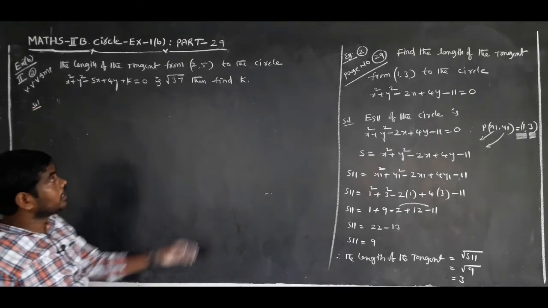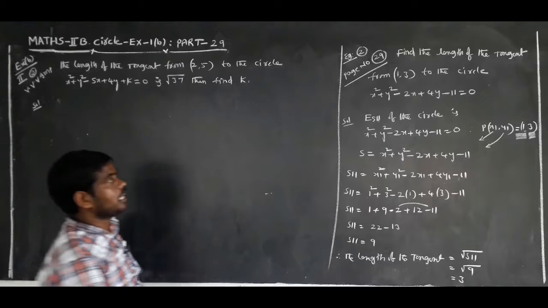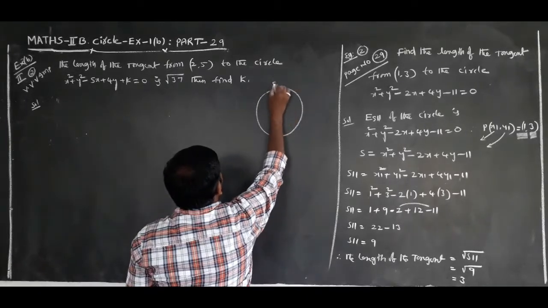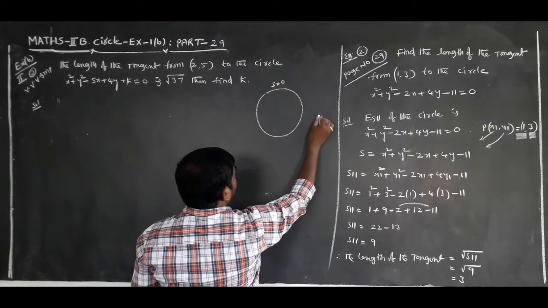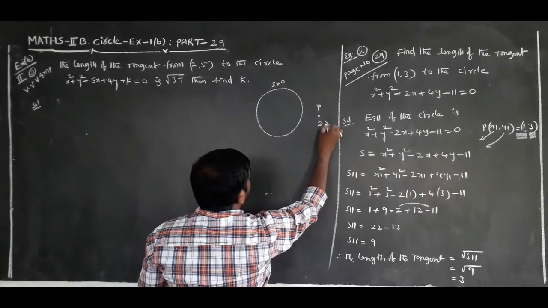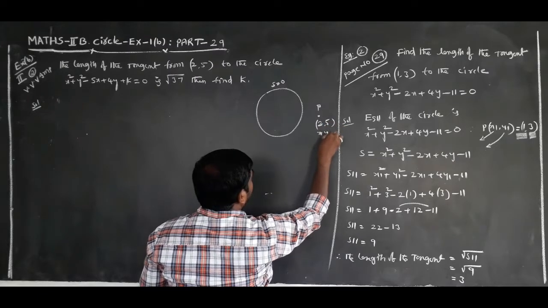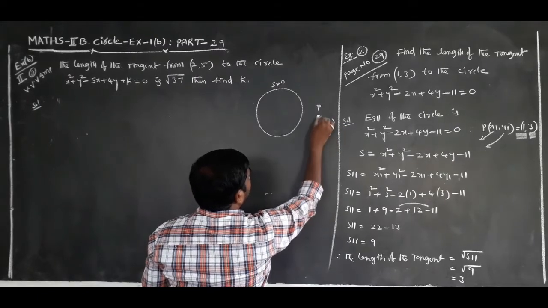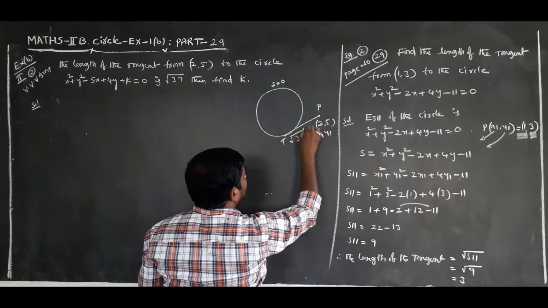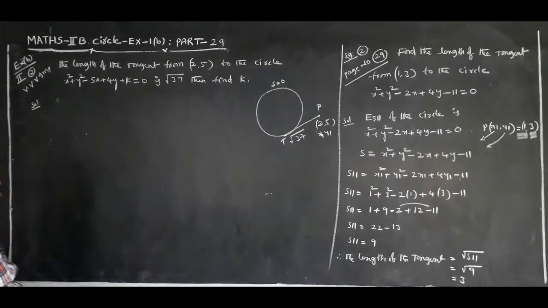Here it is already given: the length of the tangent. This is the equation of the circle. This is the point P, (2, 5), that is x1, y1. This is the length of the tangent, already given as root 37.